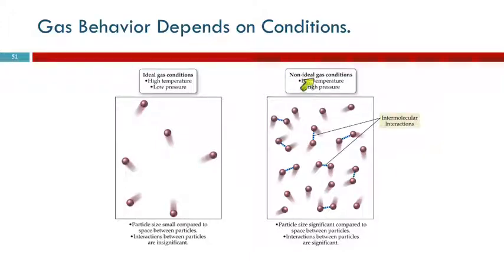Non-ideal conditions, we've got low temperature and high pressure. At low temperature, the gas particles are moving more slowly. They're strolling along. When they bump into each other, they have time to chat and they may interact with each other. And so that affects the behavior of the gas. Also, there's a lot less empty space, and so now the size of the actual particles are becoming important.